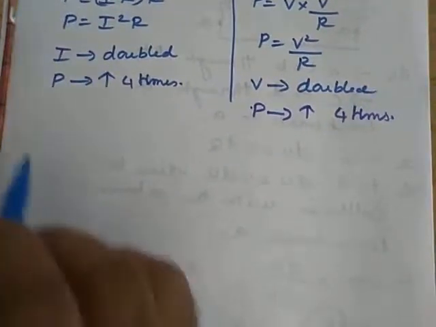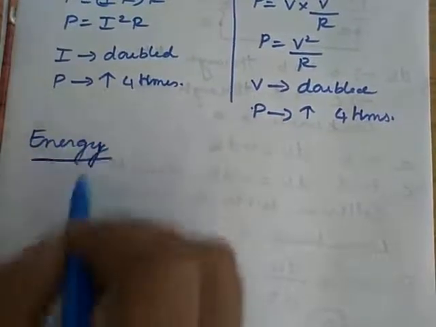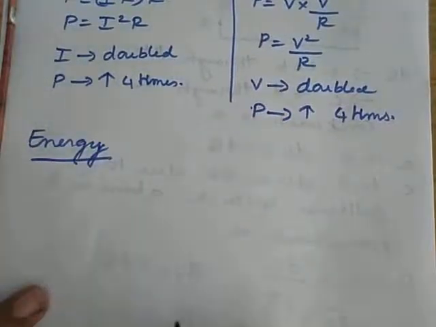Our next concept is energy. Energy is the capacity to do work. Here we can calculate the total energy consumed by appliances. How to find it? It is a simple one.